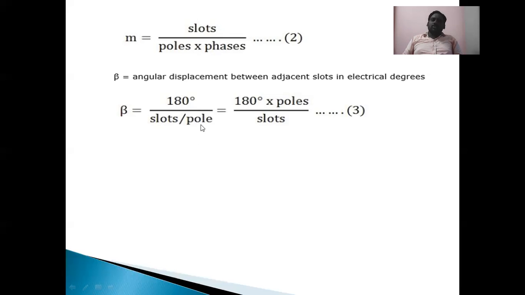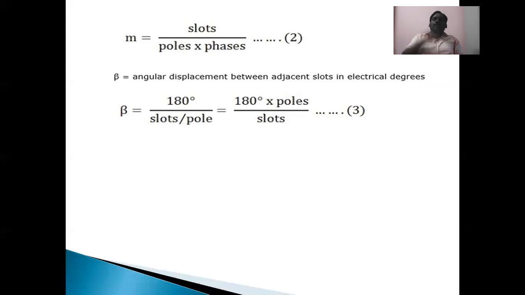The total electrical degrees are 180 degrees for one pole angle. For two poles, it is 360 degrees, the total circumference. For one pole, the angle is 180 degrees. In that 180 degrees, the angular displacement between two adjacent slots depends on the number of slots per pole.